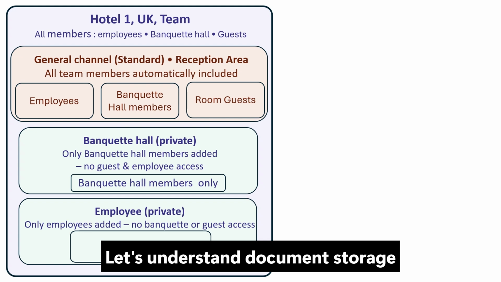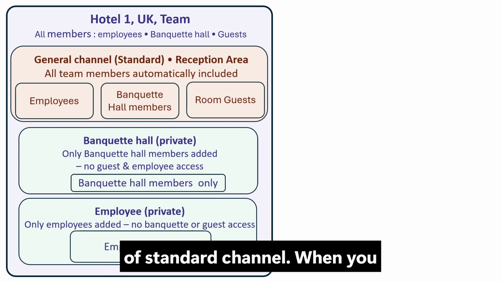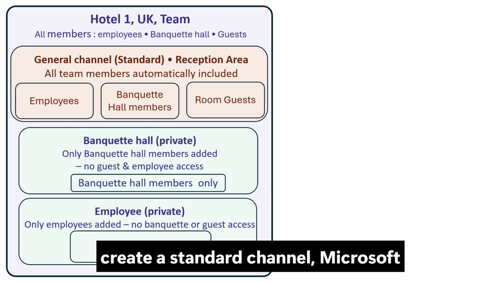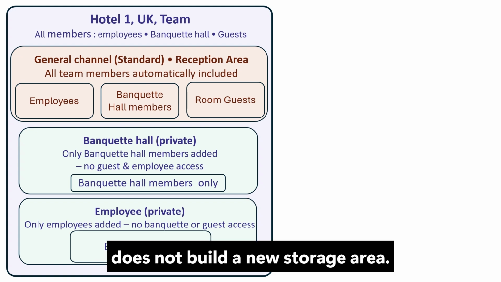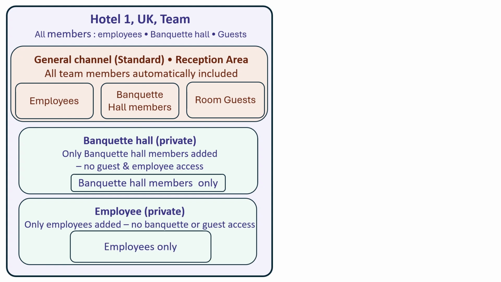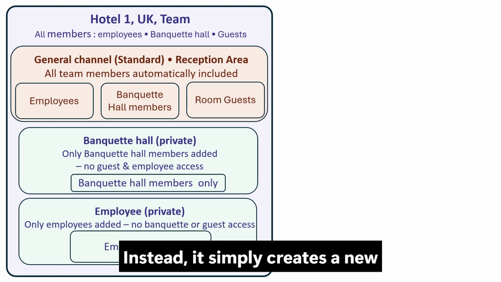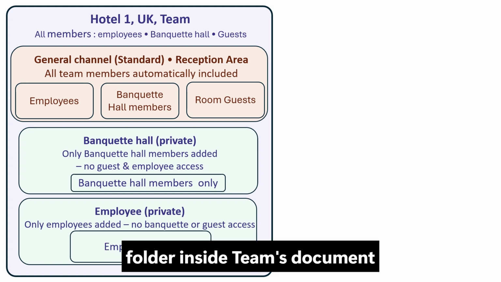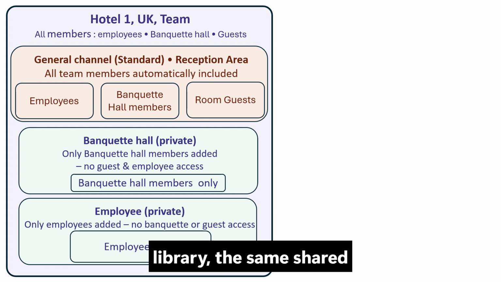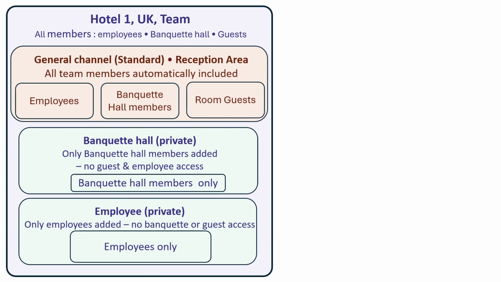Let's understand document storage of a standard channel. When you create a standard channel, Microsoft does not build a new storage area. Instead, it simply creates a new folder inside the Teams document library, the same shared storage the whole team already uses.